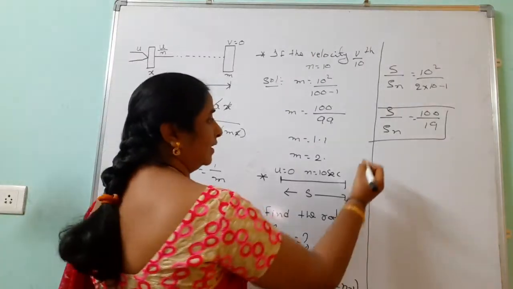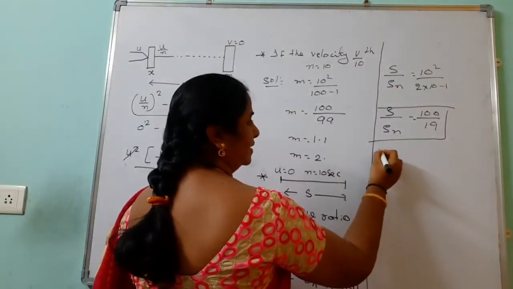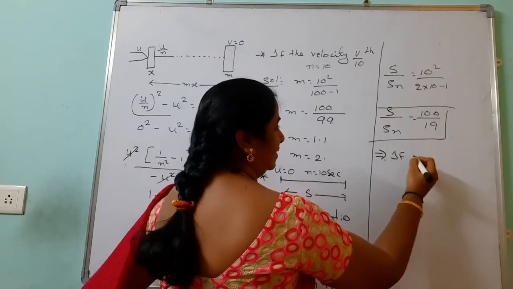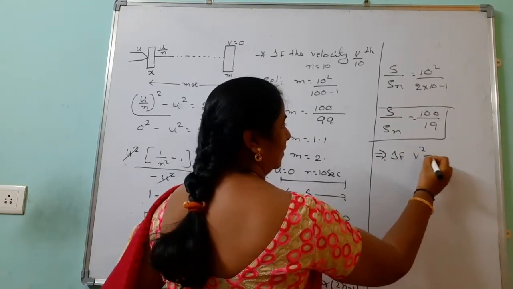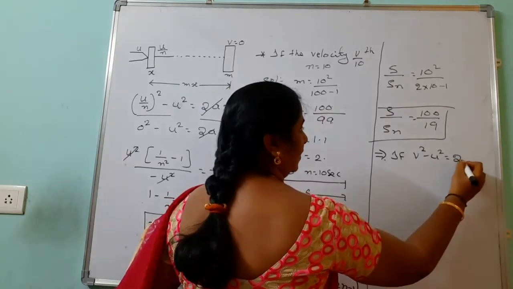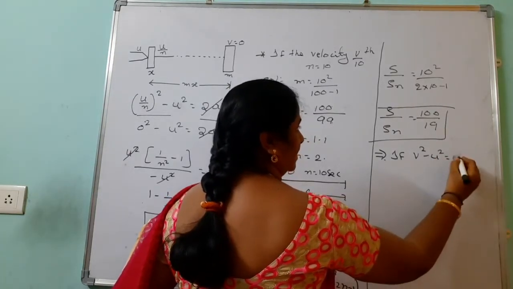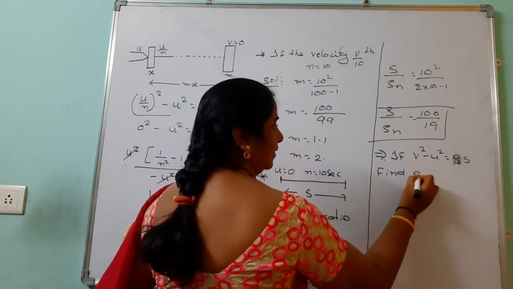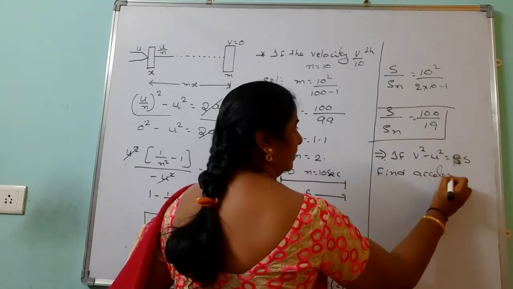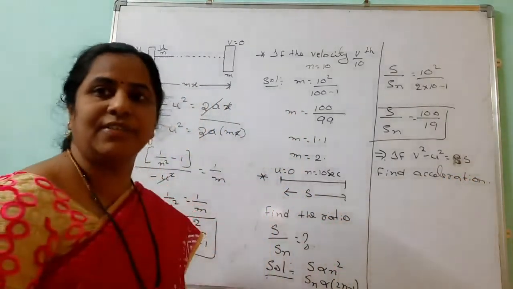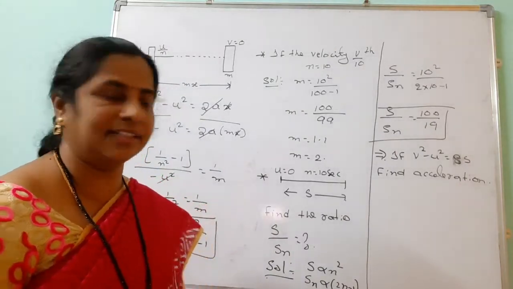Not only this, we are going to discuss one more problem. Suppose the given expression is v square minus u square equals 8s. Find the acceleration. With the help of which equation of motion can we find the acceleration in this case?